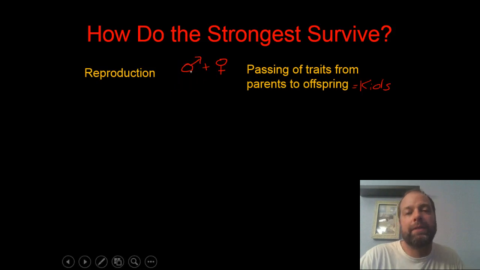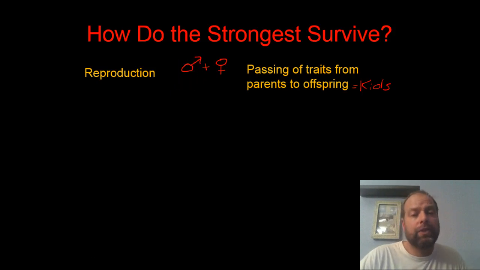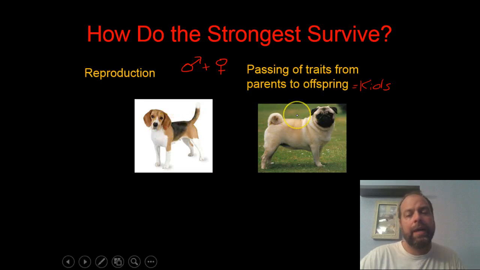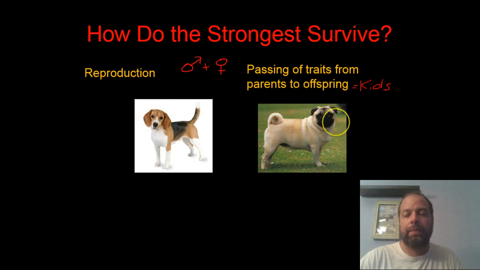Same thing in rabbits, as well as dogs. If we have a boy dog right here, and we have a girl dog right here, we have a beagle and a pug, if they get together, their offspring is going to look a little bit like the dad and a little bit like the mom.